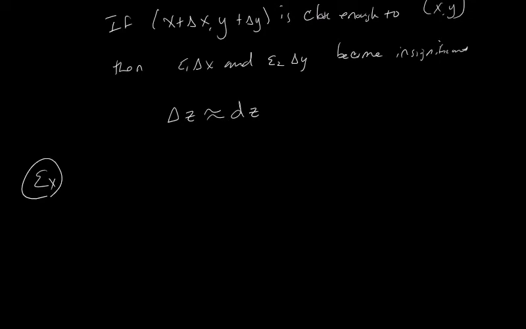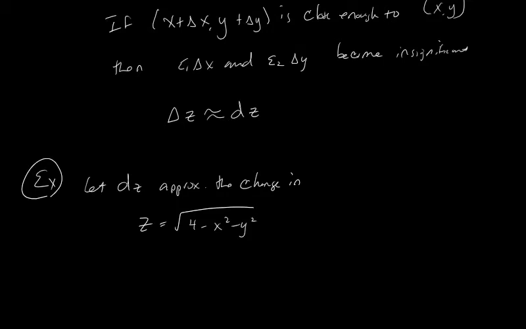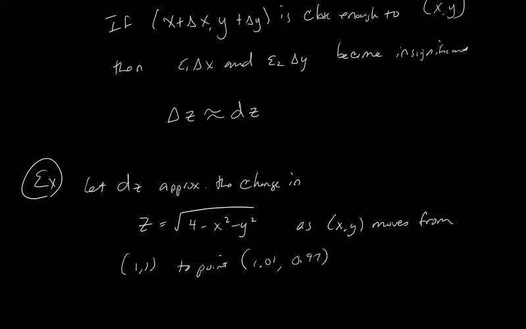Okay, so let dz approximate the change in z equal to the square root of 4 minus x squared minus y squared as xy moves from the point 1, 1 to the point 1.01, comma 0.97.